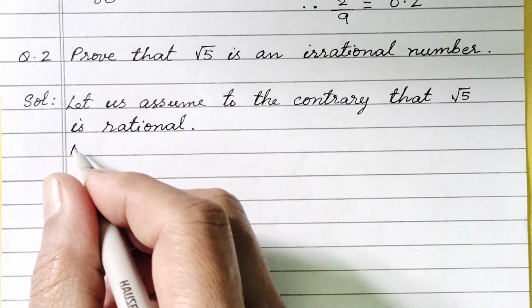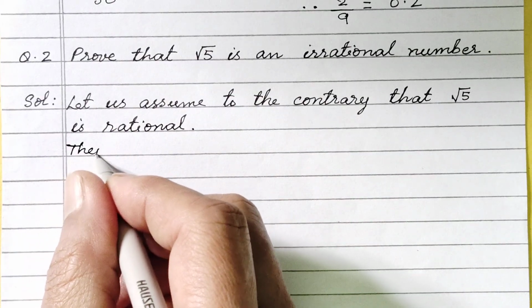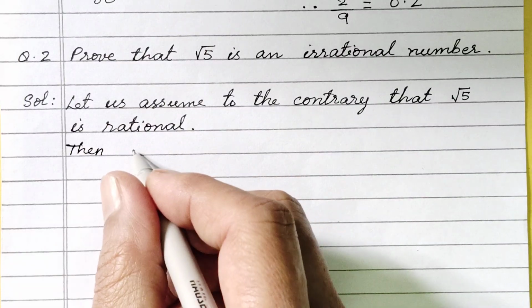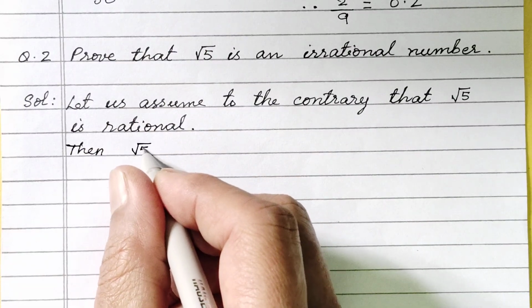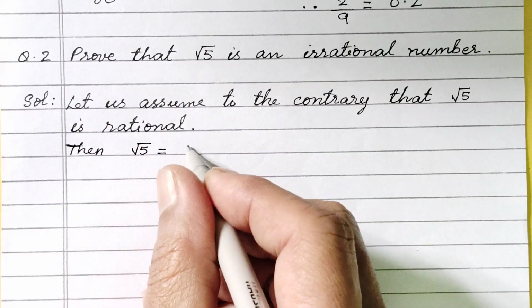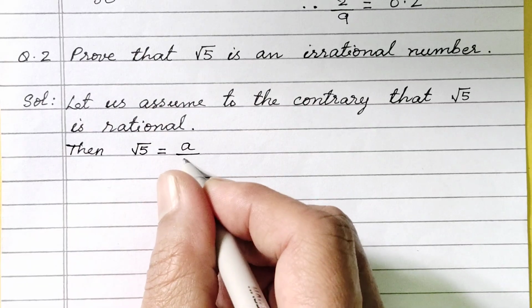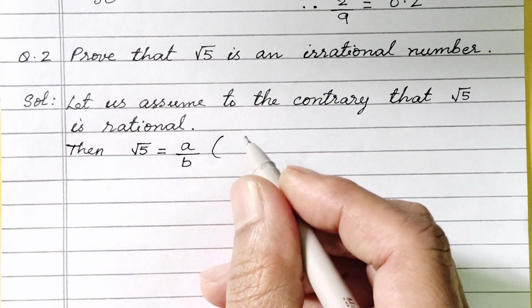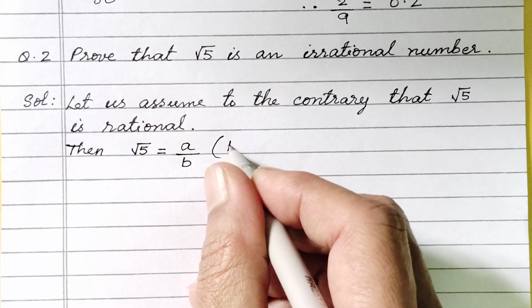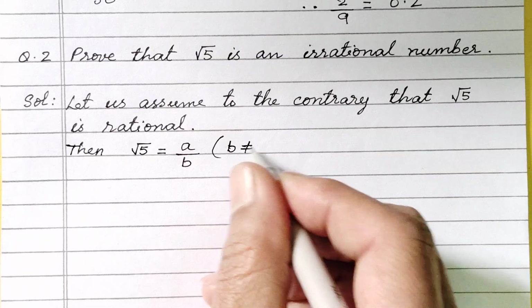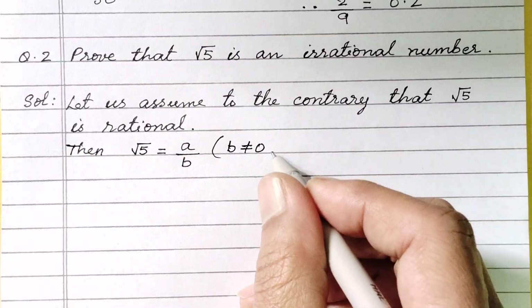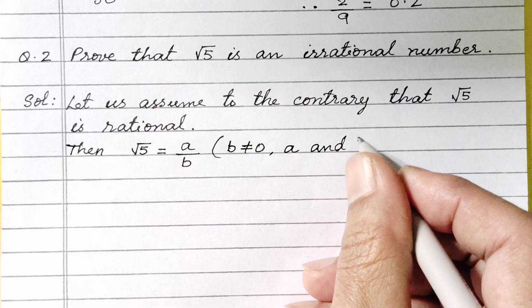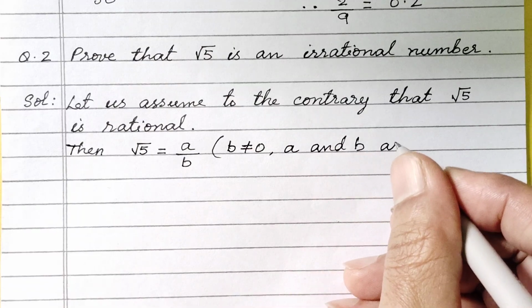Then when root 5 is rational, we can write root 5 is equal to a by b, where b is not equal to 0, and a and b are co-prime.